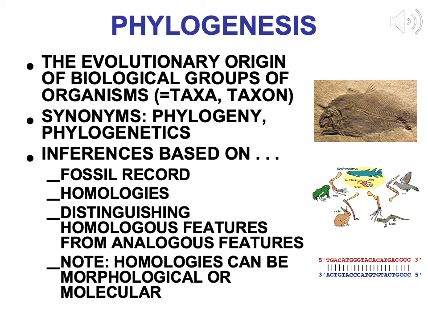Now, we should note that those homologies can be morphological, like those limbs, or they can be molecular. So the fact of the matter is certain proteins, for example, that might do certain jobs physiologically might not be exactly the same. So, for example, I might find a certain enzyme in a tropical bird that I won't find in a penguin, but I will find a similar protein in the penguin, just slightly adapted for life in colder weather.